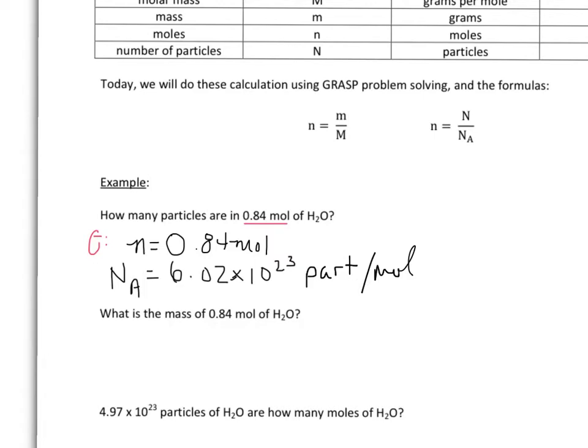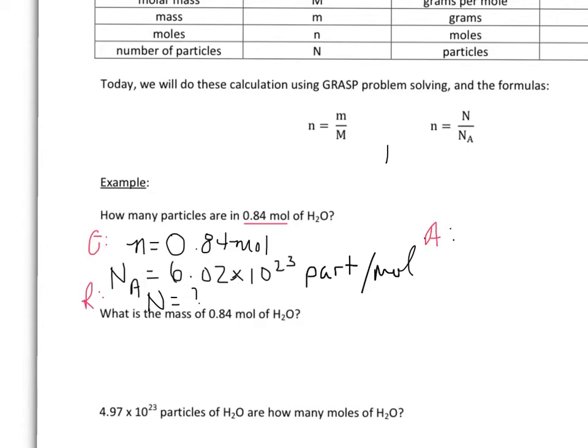And then in this question, what are we required to figure out? We need to figure out what capital N is. We do not know in this question what capital N equals. And in GRASP problem solving, you had to figure out last year what you need to do next. So what is the formula for N? I look up here, and I can even think in my head of your triangle. What are you covering up?